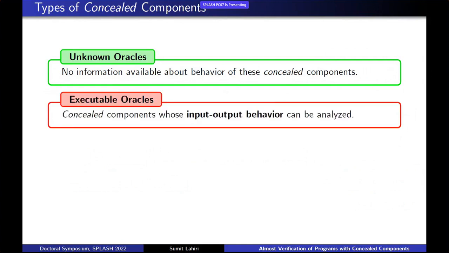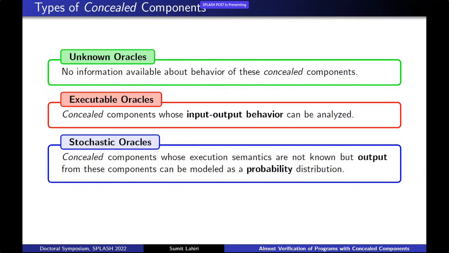Others are somewhat easier to deal with. These are executable oracles. We can talk about their input-output behavior. And the last one is slightly different from executable oracles since we don't have the exact execution semantics for them, but we can model the output from these components as some probability distribution.